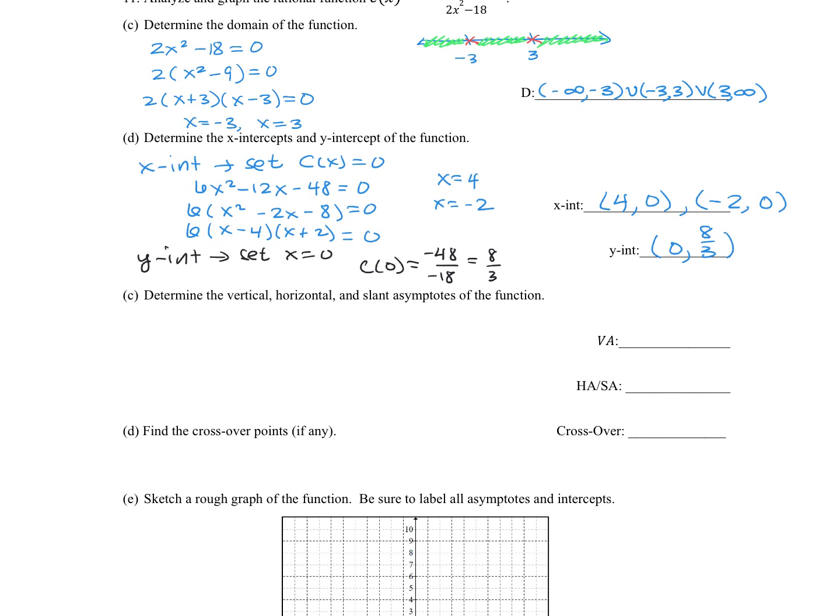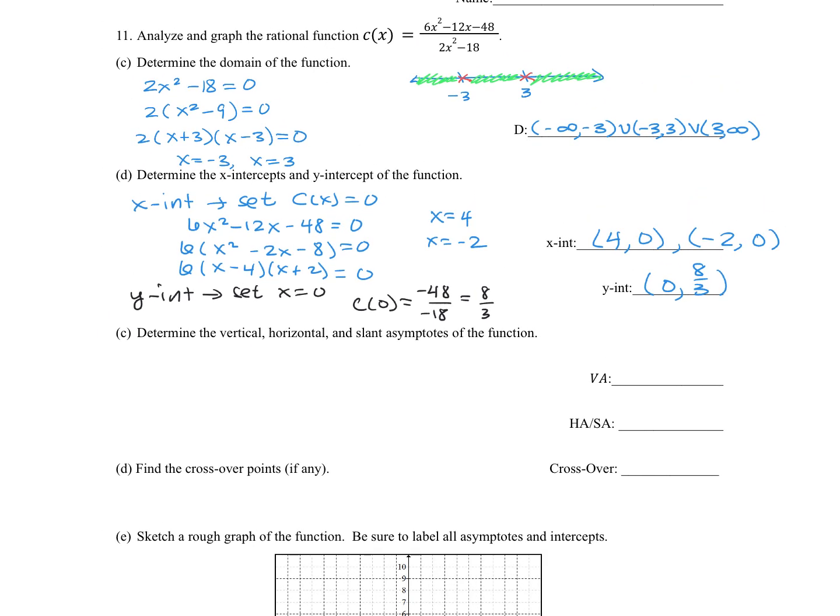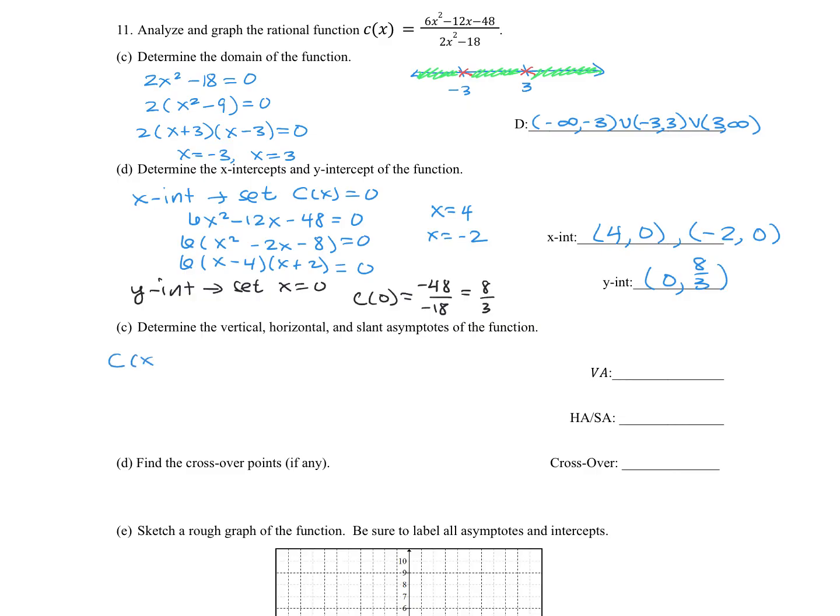All right, now let's go on to get our vertical asymptotes. And remember that has us going back and writing the function in a completely factored form. The numerator we saw can be factored as 6 times x minus 4 and x plus 2. My denominator can be factored as 2 times x plus 3 and x minus 3.